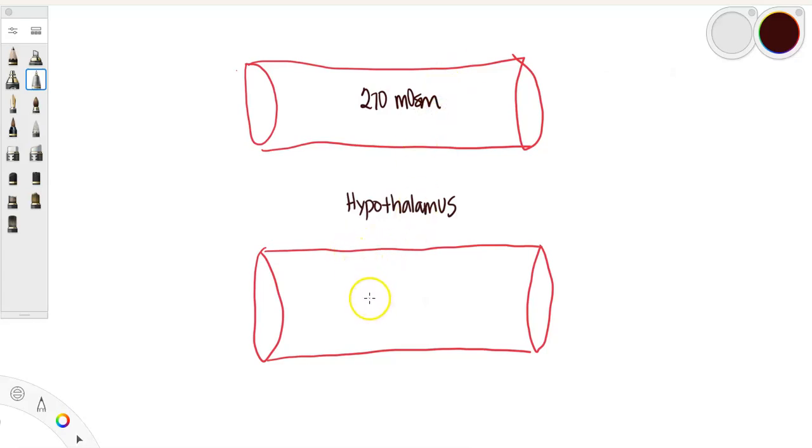And the second way that we're going to look at this vessel is when it is at 310 milliosmoles. So normal osmolarity is about 280. So that means 270 is going to be below normal and 310 is going to be above normal. So what does that mean in the vessel?